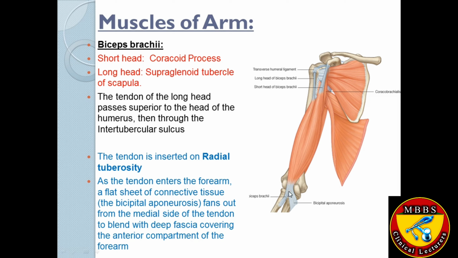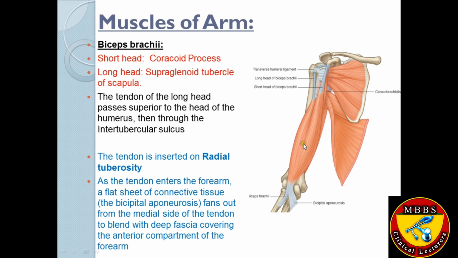So what we are going to revise now. The biceps brachii, as its name indicates, bi means it has two heads. Short head arising from the coracoid process, long head arising from the supraglenoid tubercle. The tendon of the long head passes through the intertubercular sulcus.